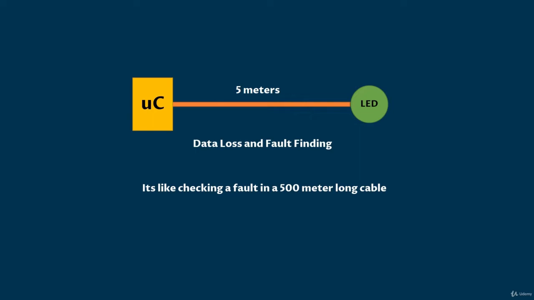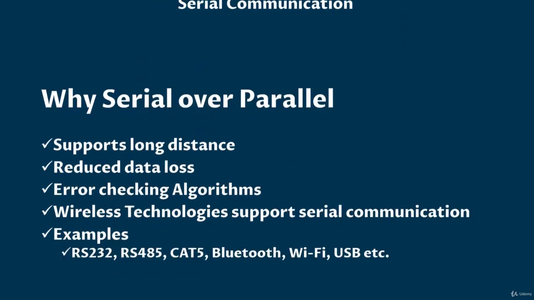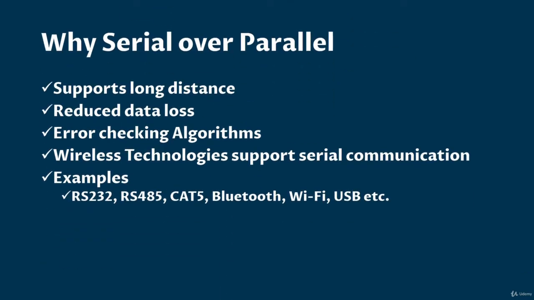Here serial communication comes into the picture. Serial communication offers many protocol standards such as RS-232 and RS-485, which are capable of sending data up to 1 kilometer. Otherwise, you can also use wireless modems to send data if you want to achieve greater distances. There also a serial communication method is needed.